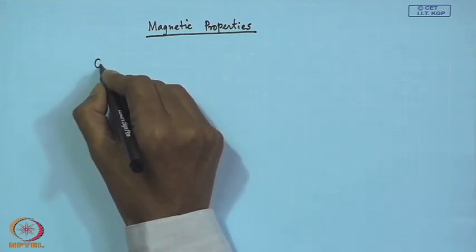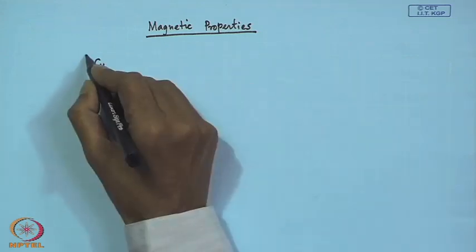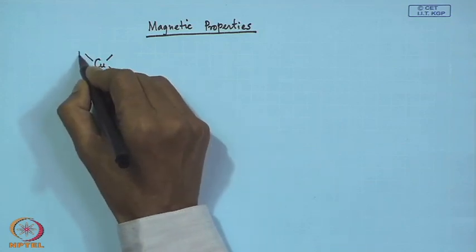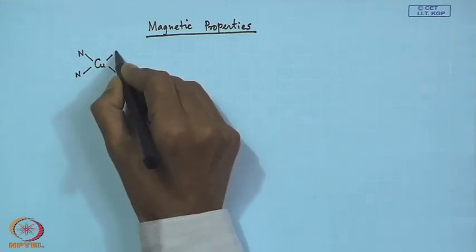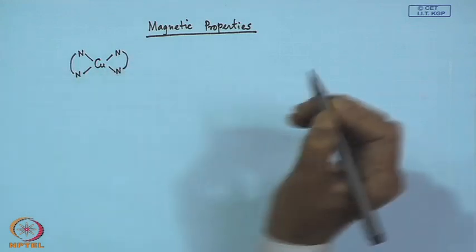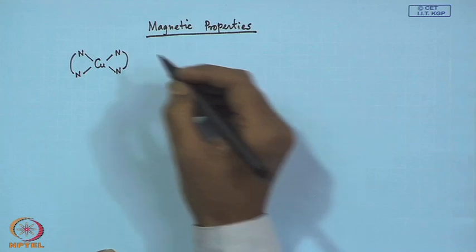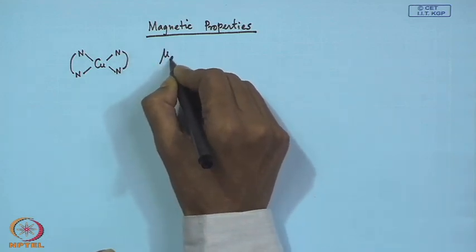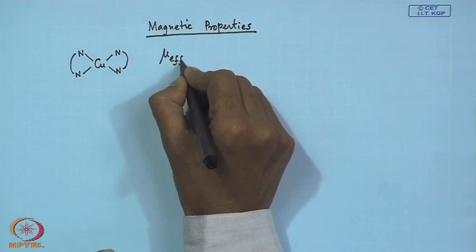So, if we have a very simple copper compound in the environment of some ligand, and if we try to find out both theoretically as well as experimentally the corresponding mu effective values.